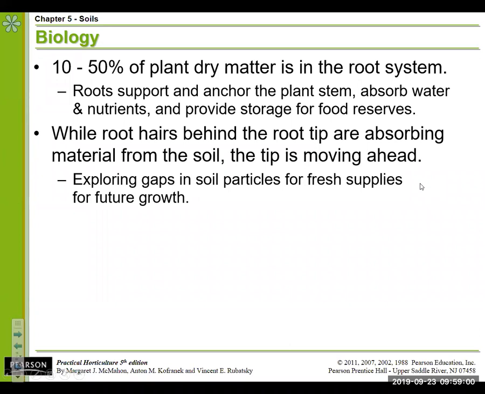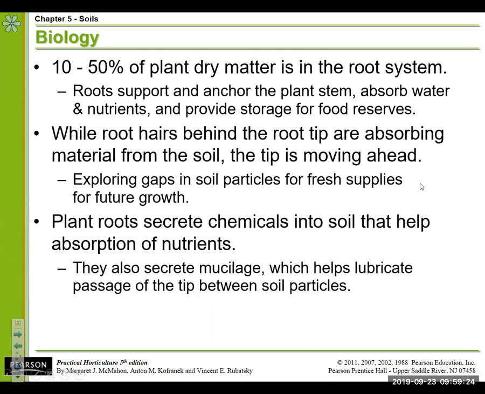We have these root hairs that are behind the root tip, and they're actually absorbing the material from the soil as the root tip itself is growing, expanding, and moving into the soil, and in some cases breaking up parts of parent material, looking for these fresh supplies of water and nutrients for future growth.